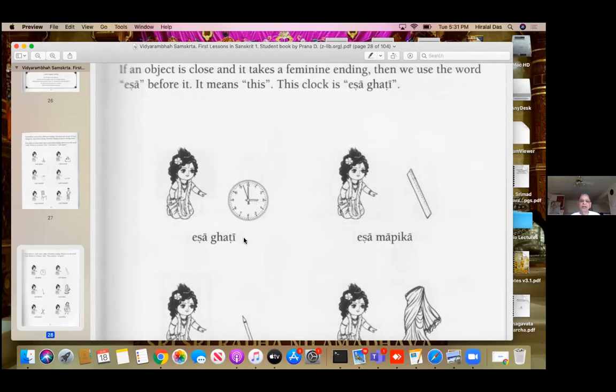Names ending with long e or a, mapika, gati, they are feminine. So we have to use the esa pronoun. Esa gati asti. This is a clock. Esa mapika asti. This is a ruler or a scale.